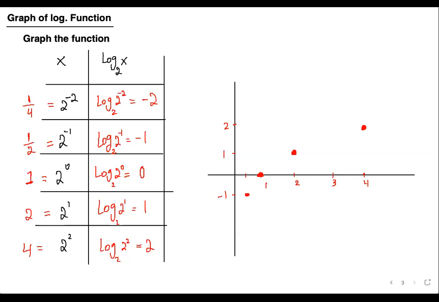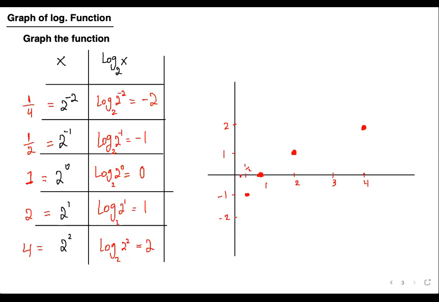Okay, -1 and 1/2. And -2, I mean 1/4 and -2. 1/4 is between 0 and 1/2. So the point should be here. This is 1/2. This is 1/4 and -2, sorry. Here's the -2.